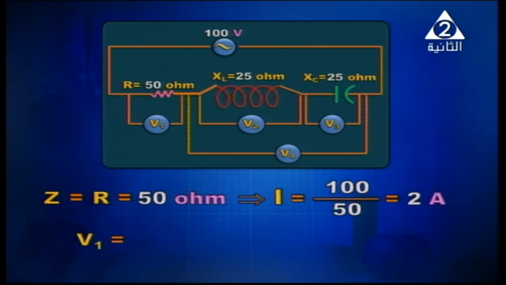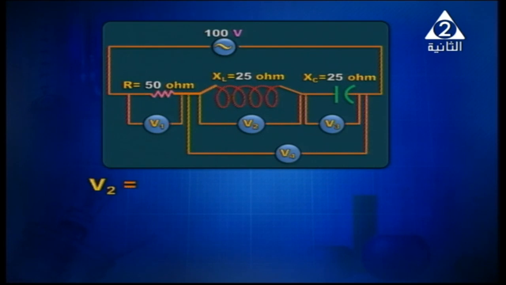V1, what about V1? It is the voltage across the resistance. And I said it is equal to the total voltage. It is 100, and it can be calculated 2 times 50, it is 100. V2 is the voltage across the inductive coil. VL is equal to I XL. So 2 times 25, it is 50.